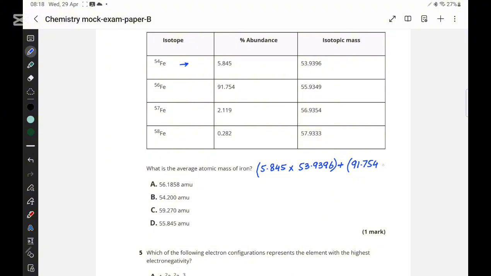91.754 times the isotopic mass, which is this one, that is 55.9349.